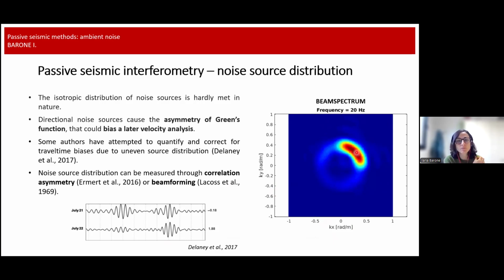So with beam forming, this is a very powerful technique because we have both the directionality of the noise sources, but also an indication of the velocity of propagation of the medium. The problem is that we need to have many stations to be able to compute a clean spectrum like this one.